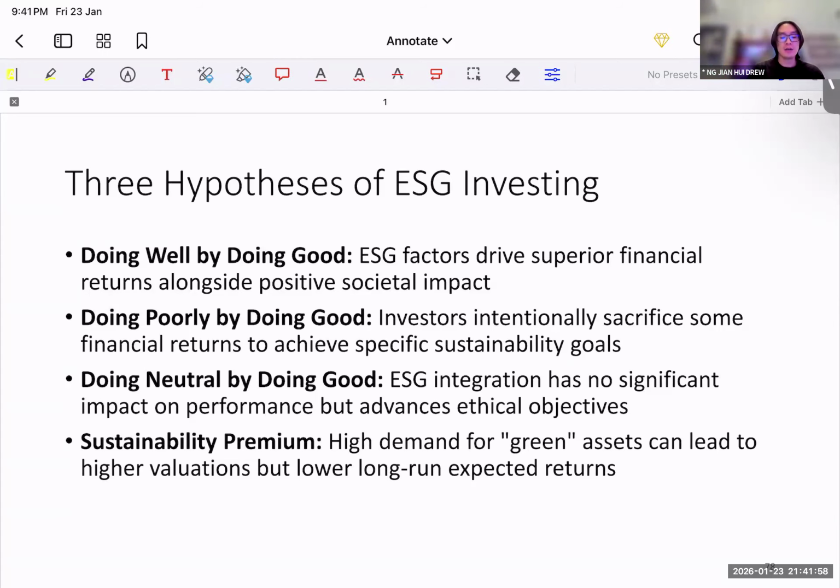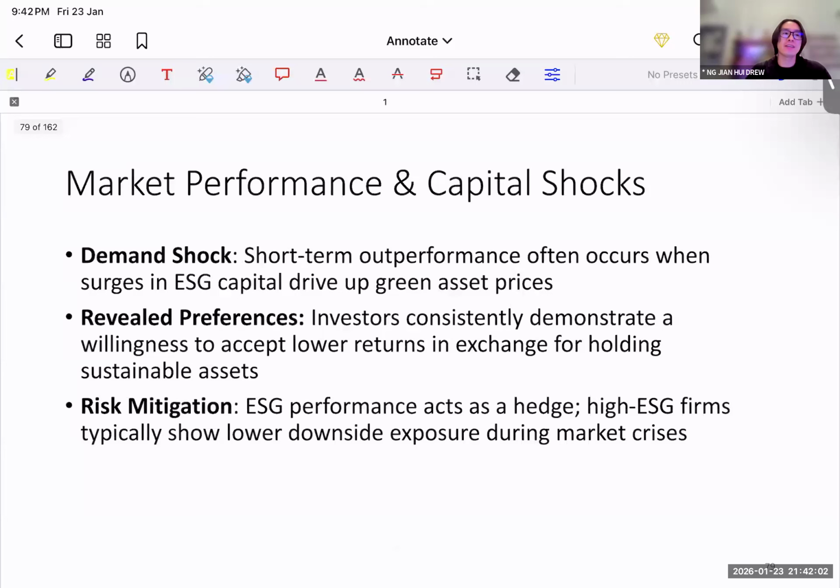So many of the times when we think of this kind of ESG investing, there could be some short-term drag for more long-term performance in the future. Depending on the demand, we can have short-term outperformance as well if there's a high demand for it. But then in the short term, maybe not.